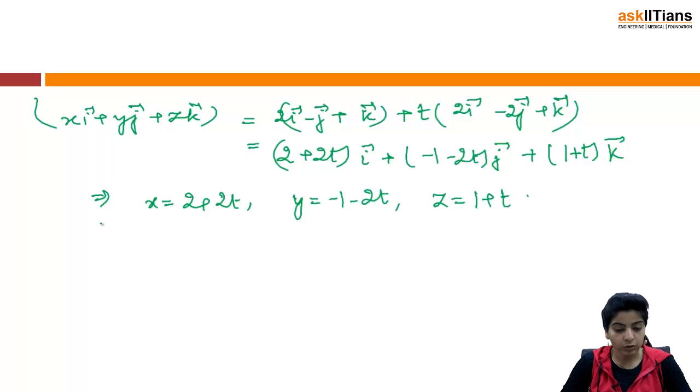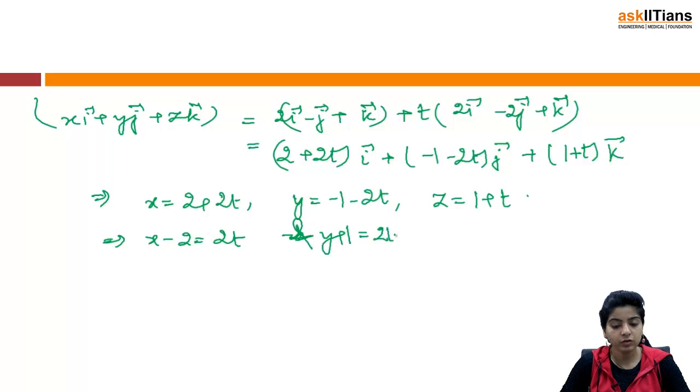And so this means x minus 2 will be equal to 2t. Then y plus 1 would be equal to minus 2t, right, we have taken 1 on this side, so y plus 1 becomes minus 2t, and z minus 1 is t. Thus, what does this yield? That x minus 2 is 2t, y plus 1 is minus 2t, and z minus 1 is t.